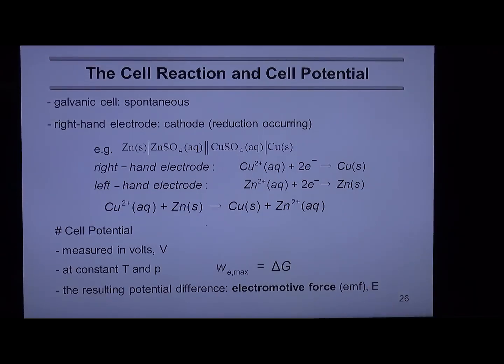And for any galvanic cell, there will be a cell potential, which is measured in volts, as in a battery, and that cell potential basically represents the Gibbs energy of the chemical reaction occurring in the electrochemical cell.